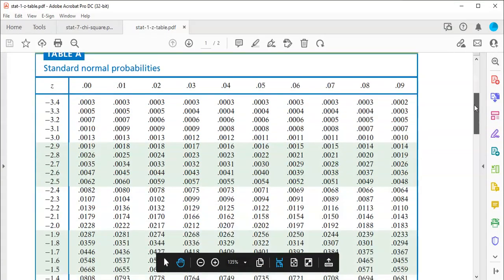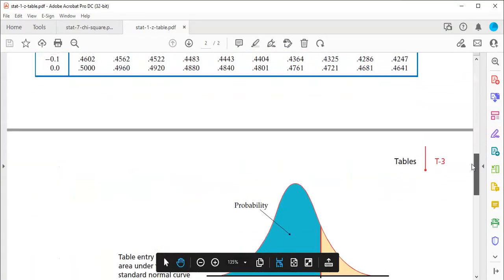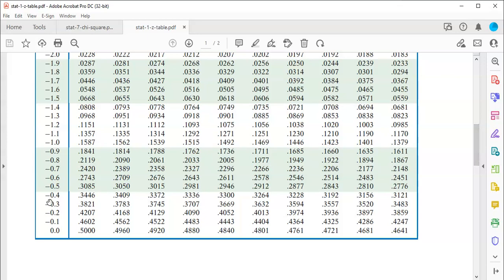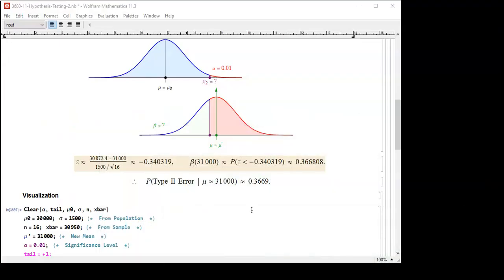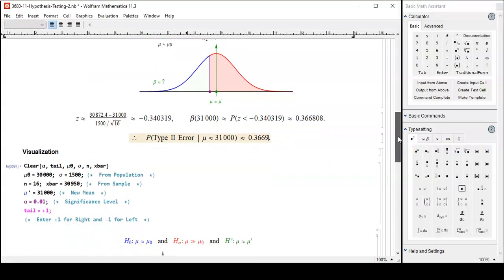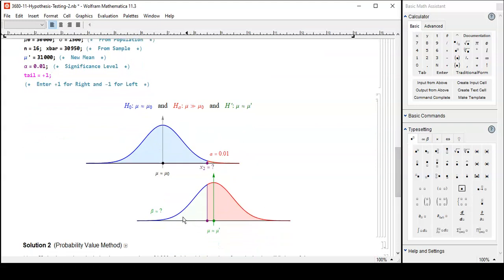Negative 0.34, yeah, 0.3669. That's the probability we get. Well, okay, a more accurate figure, 0.366808. That's this probability highlighted in green. That's beta.